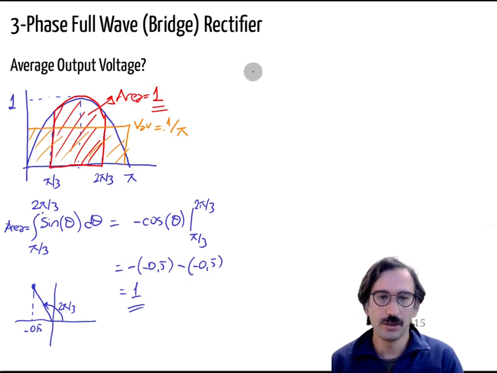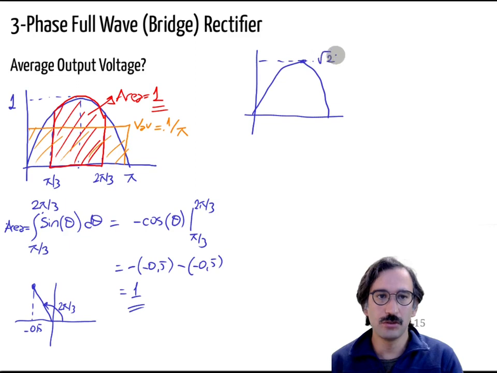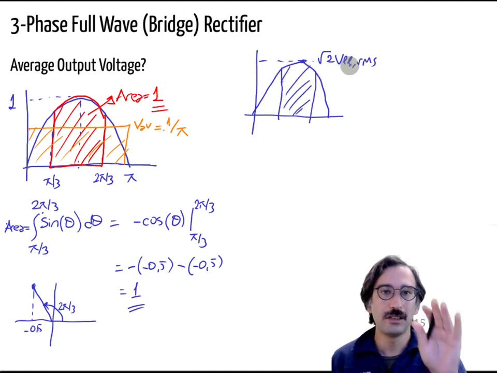I want to calculate that area, and the peak is square root 2 VLL RMS, and I will have that area, and I have 6 of those.